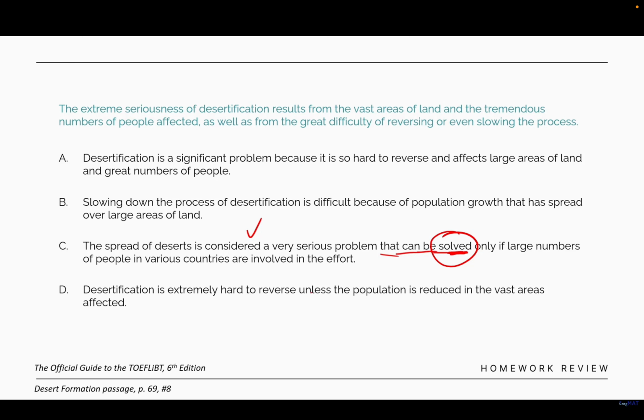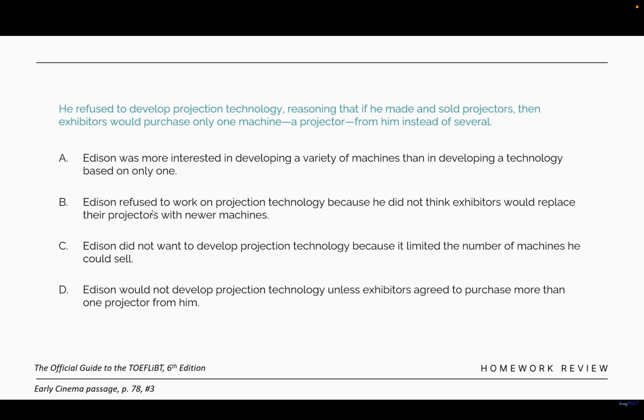And if you look at D, it says desertification is extremely hard to reverse unless, which implies that this is a solution. But again, if we go to the original sentence, there's no solution. Okay, so you're suggesting I should probably eliminate... I'm suggesting to attack answer choices from two different angles. Okay. Thank you. All right, let's go to the next one.